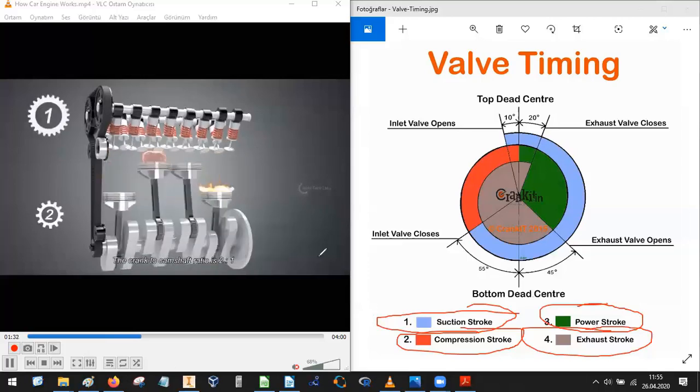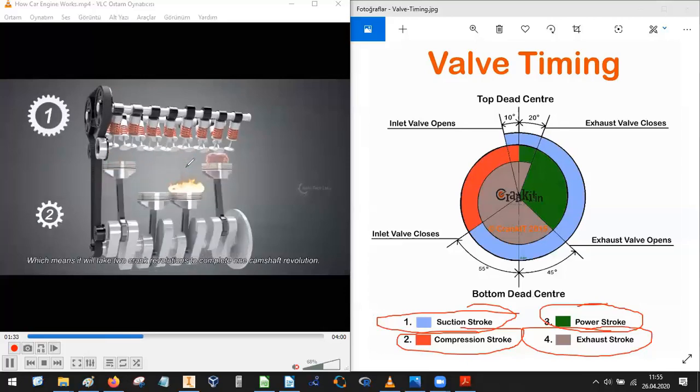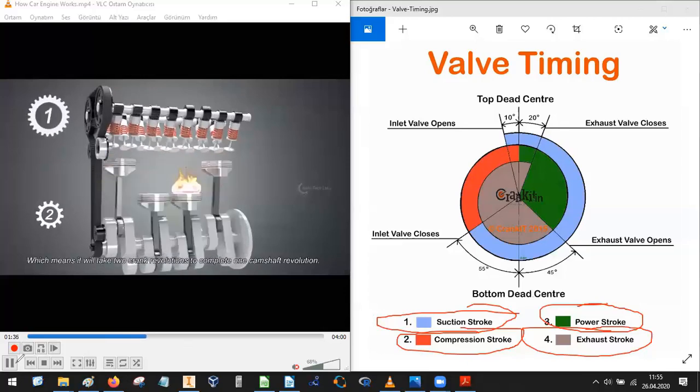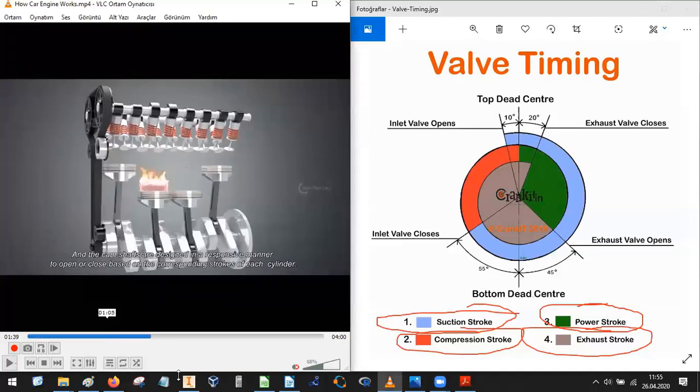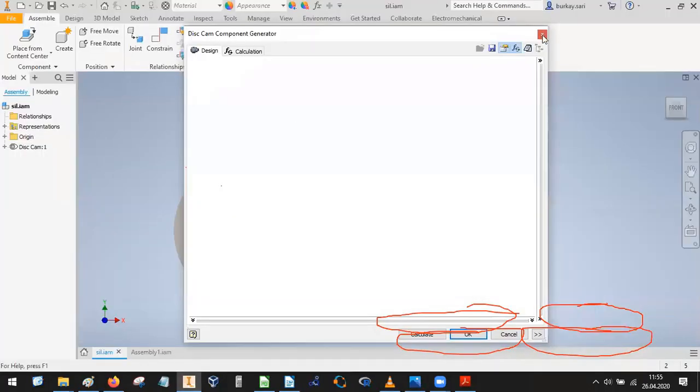Open a new camshaft. We will just make the adjustment with this cam. I'm going to close and not save this file.